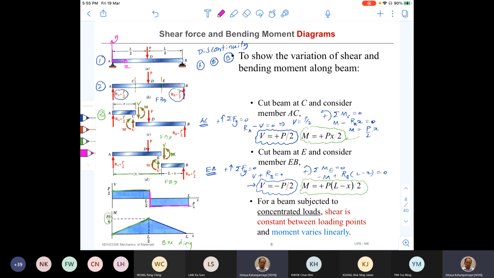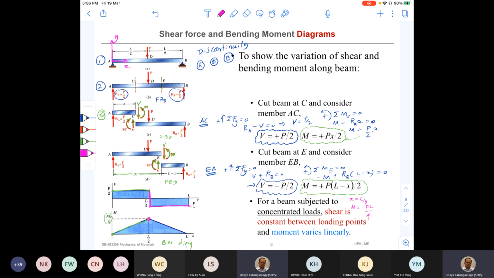And how about the bending moment? When X is equal to L by 2, you substitute here X is equal to L by 2. What's going to happen to M? You can find out the value is equal to PL over 4.